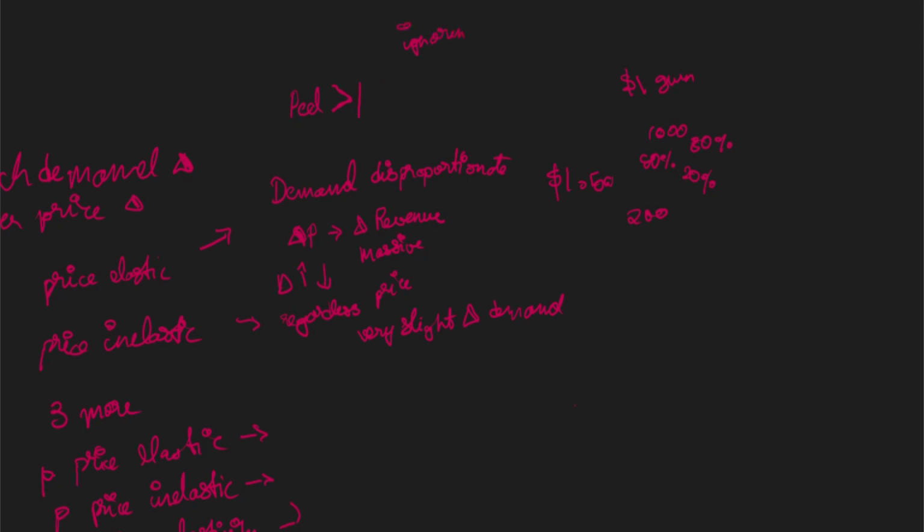So for price elasticity of demand, because your change is always going to be negative in one way or the other, because it shares an inverse relationship, your answers are always going to be negative. So you must ignore the negative sign. And now price inelastic demand is if it is less than 1, right? Seems quite straightforward.